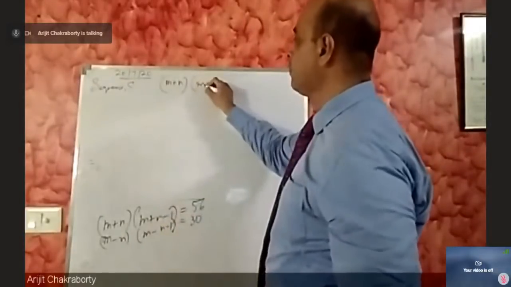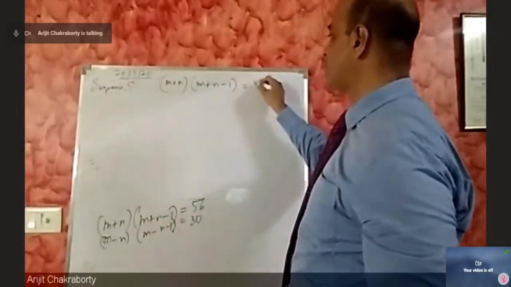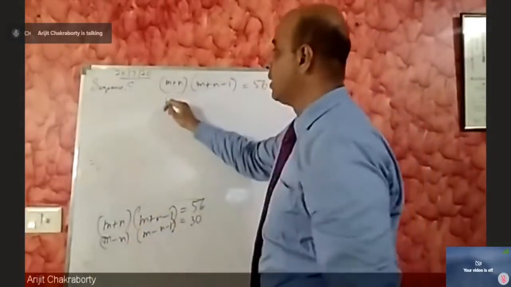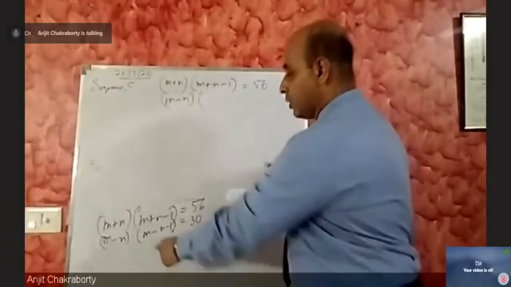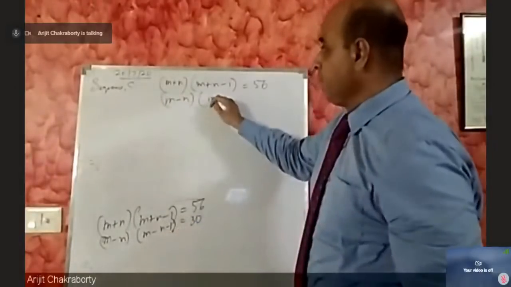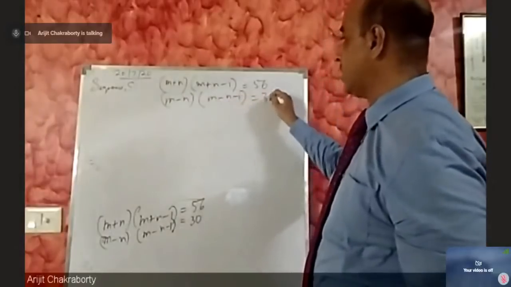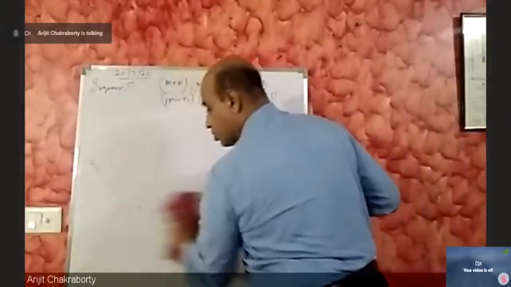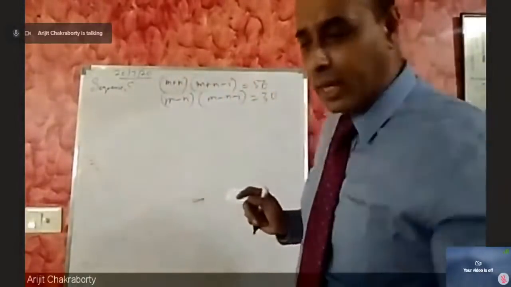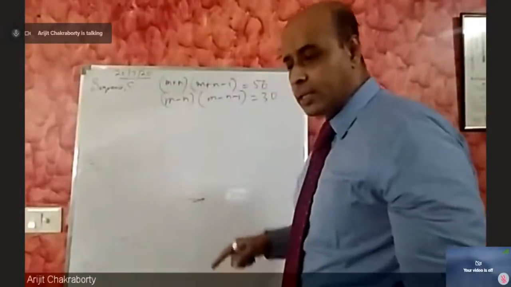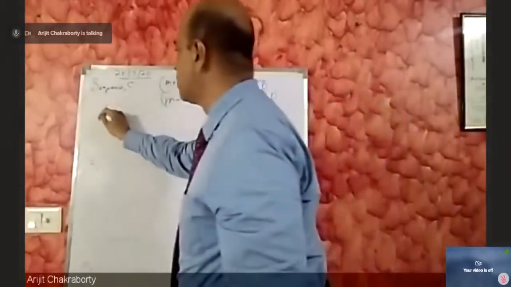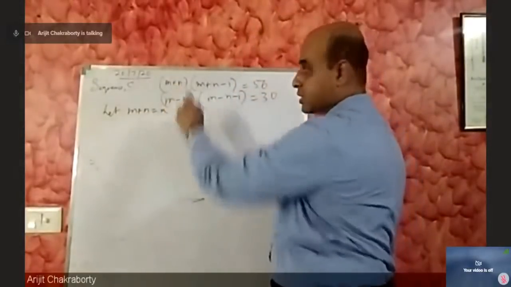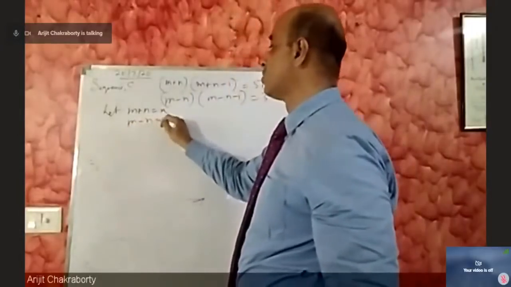We have two equations. The first equation is (m+n)(m+n−1) equal to 56. The second equation is (m−n)(m−n−1) equal to 30. Now you have to use your intelligence. Let m+n equal x and let m−n equal y.